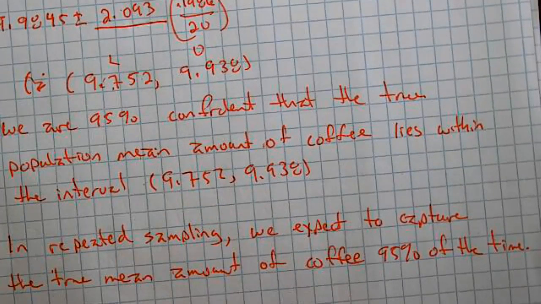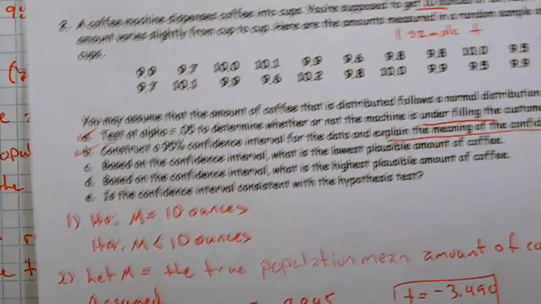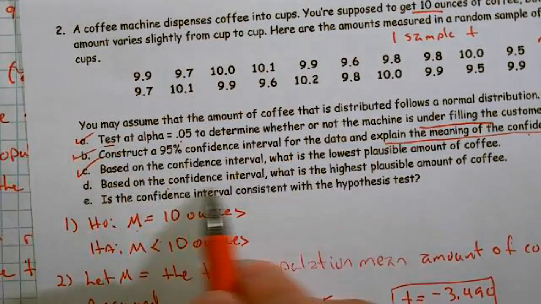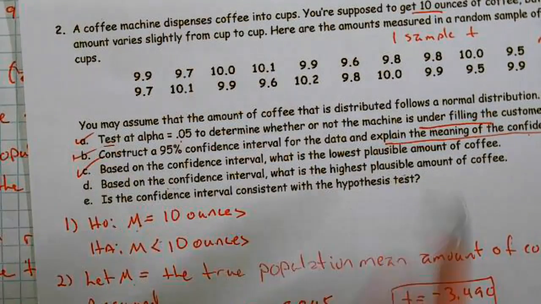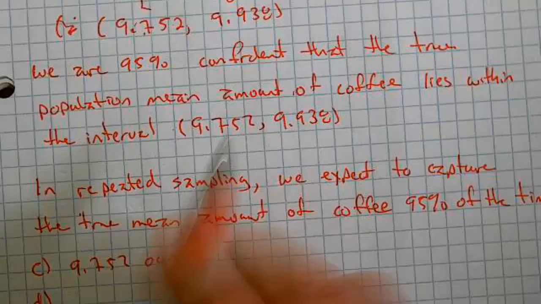So the lowest amount of coffee is 9.752 ounces. Yay, part C was fast. Part D, based on the confidence interval, what's the highest plausible amount? Oh, well, the highest plausible amount would be the highest part of our interval.